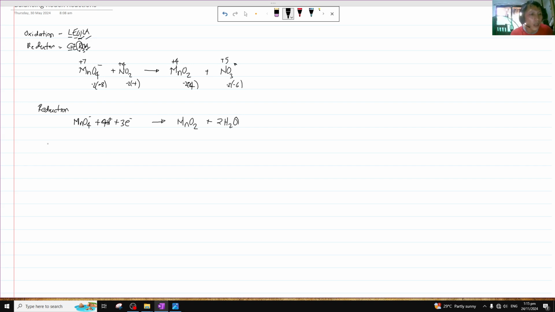We proceed with the oxidation half reaction. Nitrogen here, NO2, would be the reducing agent. So NO2 produces NO3 negative. We balance oxygen with a water molecule. How many? One, since there are already two here.